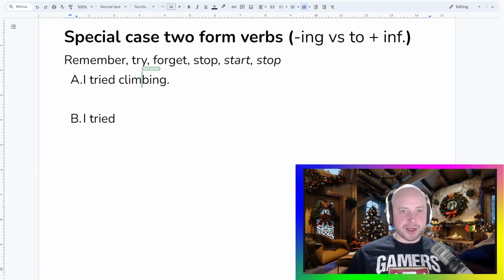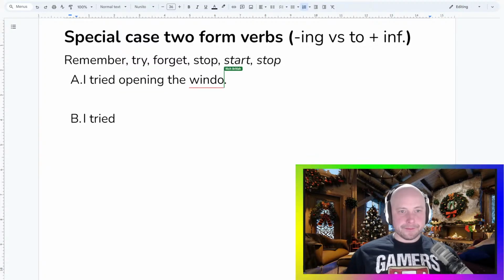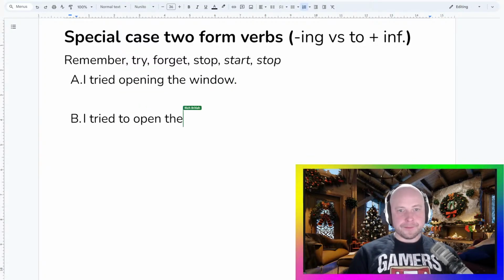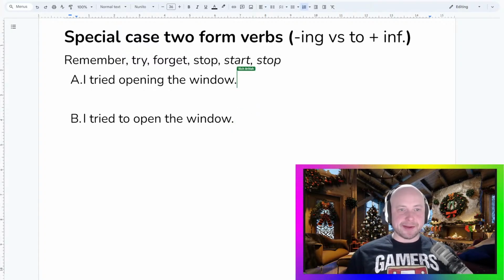This is a really good example, because here we've got a definite difference in meaning.